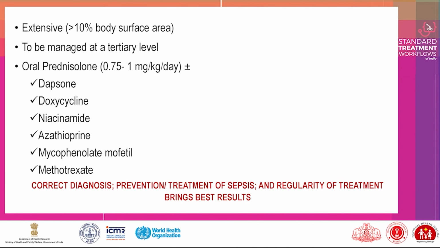If extensive, more than 10% of body surface area, to be managed at a tertiary level: oral prednisolone 0.75 to 1 mg per kg per day with or without dapsone, doxycycline, niacinamide, azathioprine, mycophenolate mofetil, methotrexate. Correct diagnosis, prevention and treatment of sepsis, and regularity of treatment bring the best result.